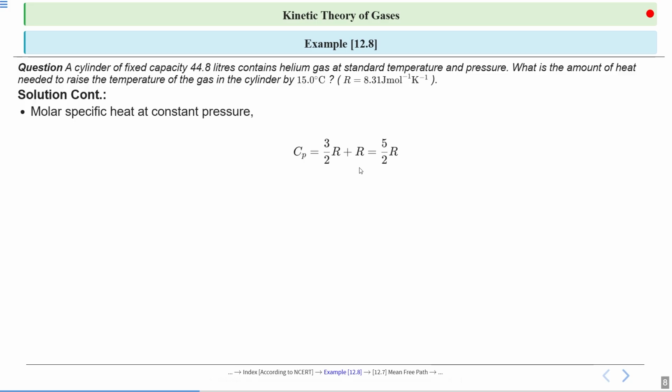Molar specific heat at constant pressure is denoted as Cp. For helium, which is a monatomic gas, Cp is calculated as 3/2R plus R. So when we add both terms, you will get 5/2R. This formula accounts for the translational and rotational degrees of freedom of the gas molecules.